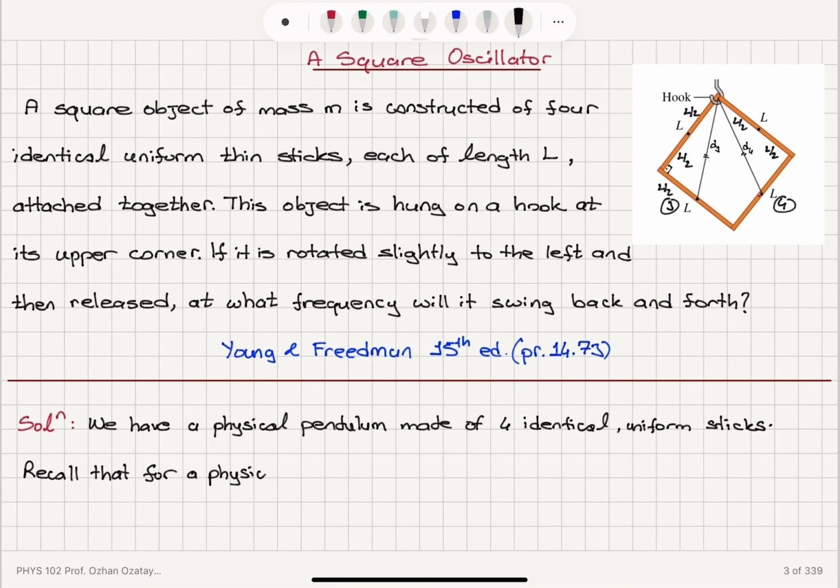So a physical pendulum we can think of as an arbitrarily shaped object. So for example, an arbitrarily shaped object like this.